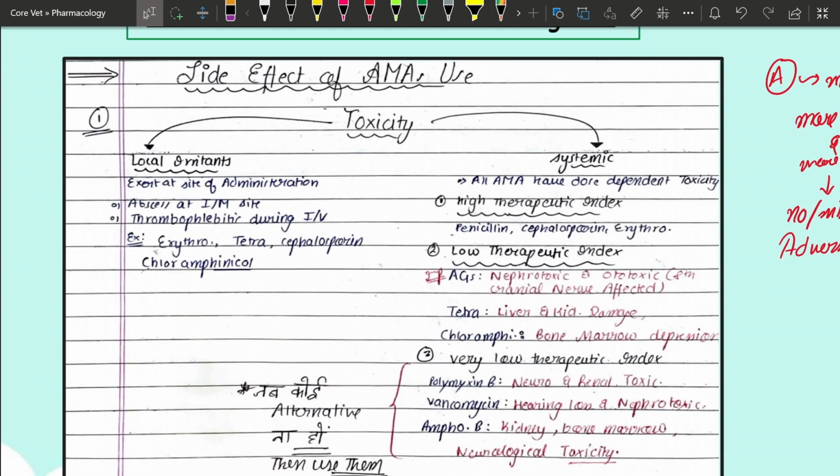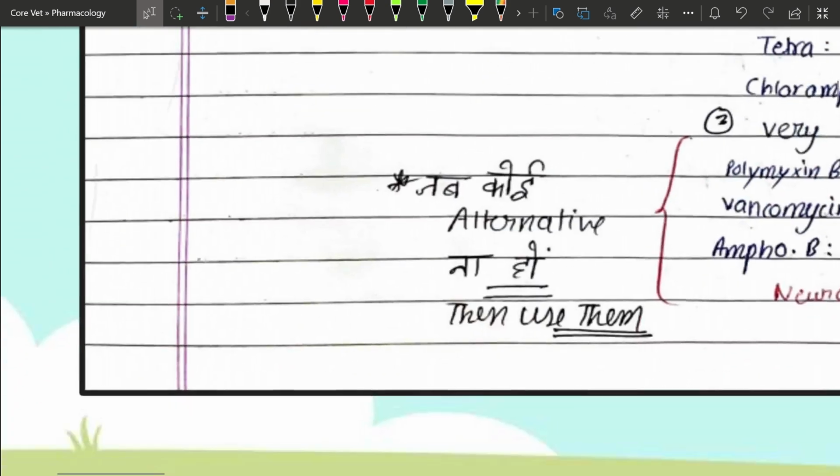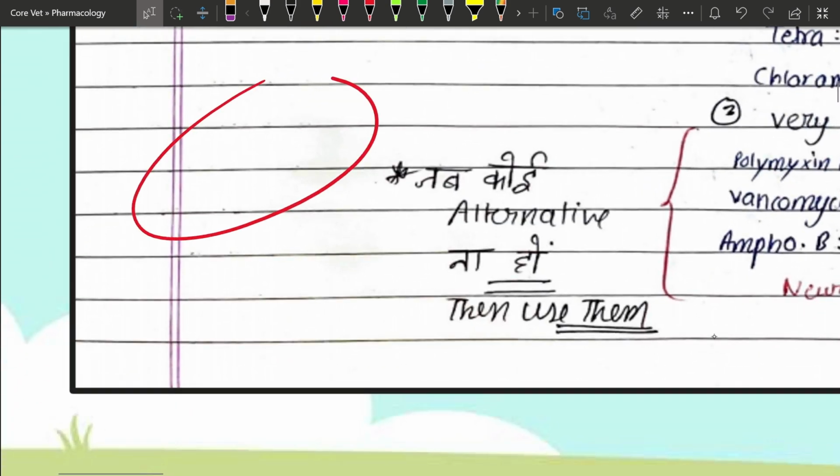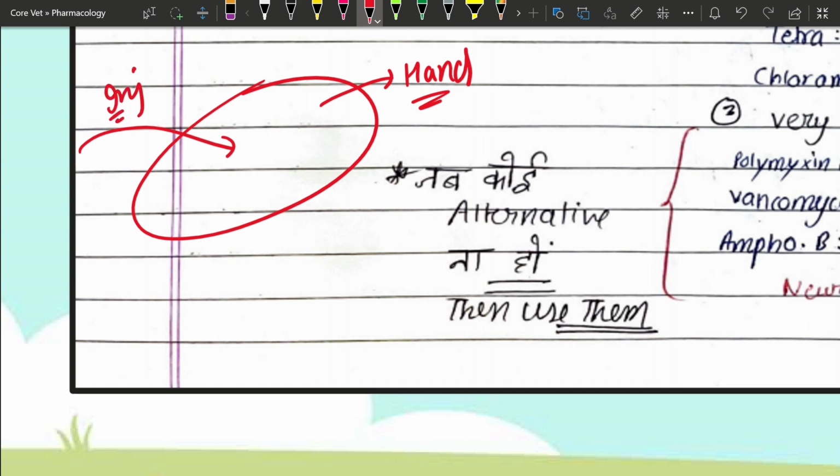There are two types of toxicity that an antimicrobial agent could show: one is local toxicity and the second is systemic toxicity. What is local toxicity? Say this is my hand and you apply an injection.